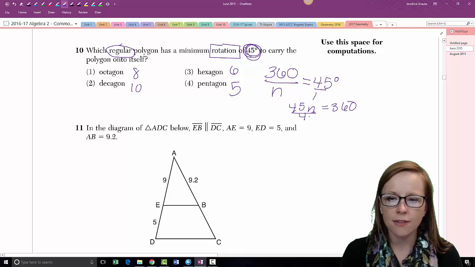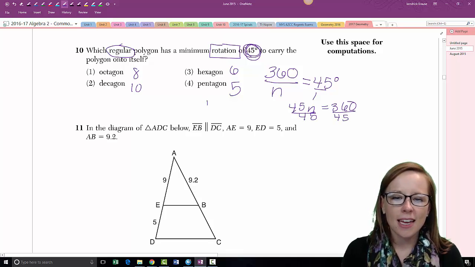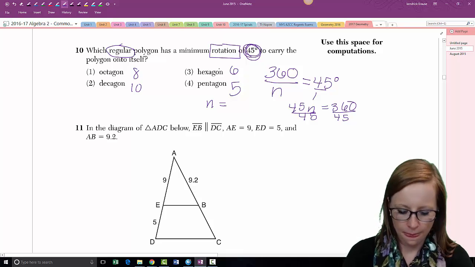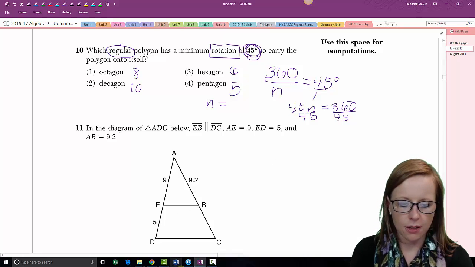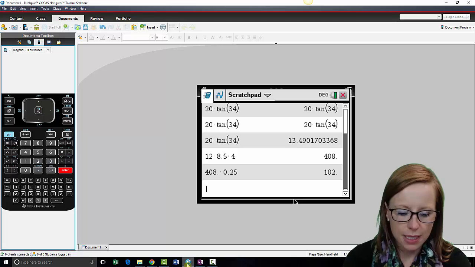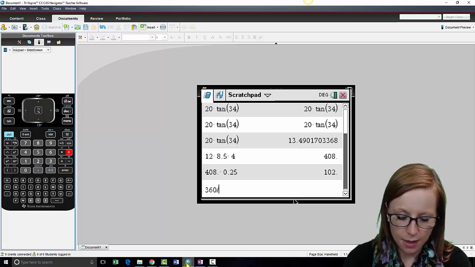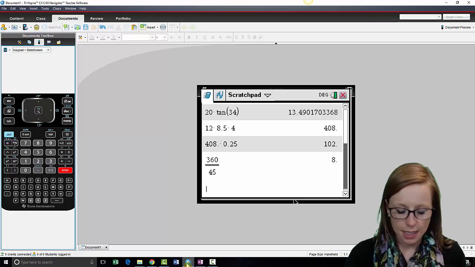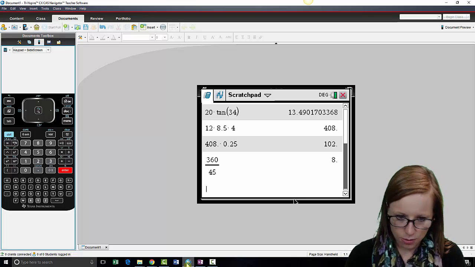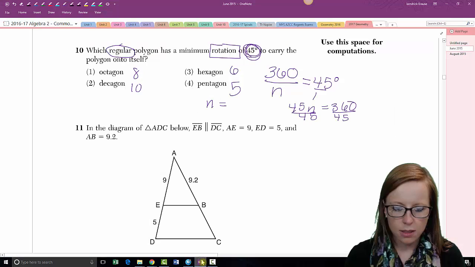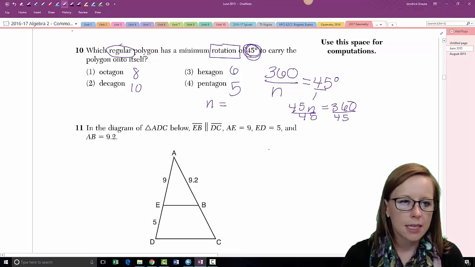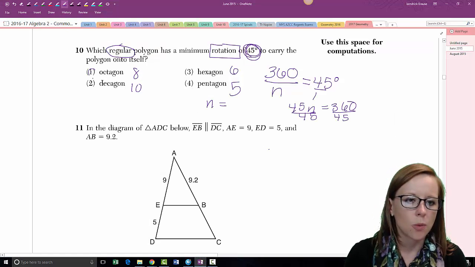Divide by 45. Whoa, my writing's getting out of control. So n is equal to, oh, where's my calculator? There it is. So 360 divided by 45 is 8. So it's an octagon. So go back to here. Octagon is 8 sides, choice 1.